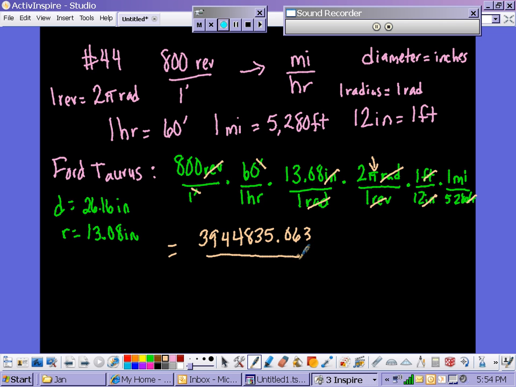We're going to divide this by the bottom, and the only thing I have to do on the bottom is 5,280 times 12, which is 63,360. And when you divide that, what do you end up with?